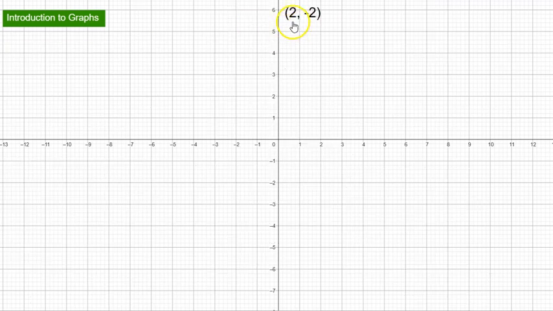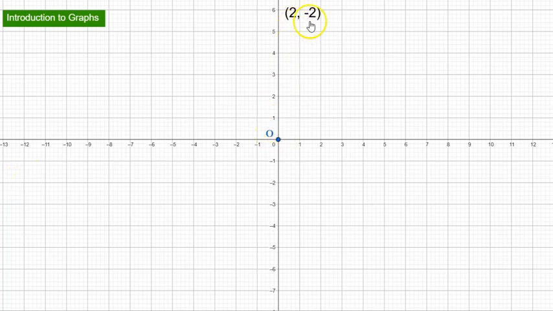Let us say we are given (2, -2) as a pair of x and y values. Now, where would it fit? So remember, we start from (0, 0). Usually it is named O for origin.